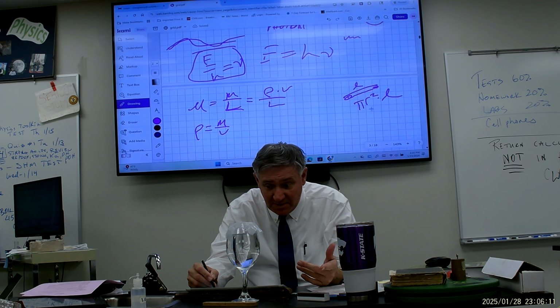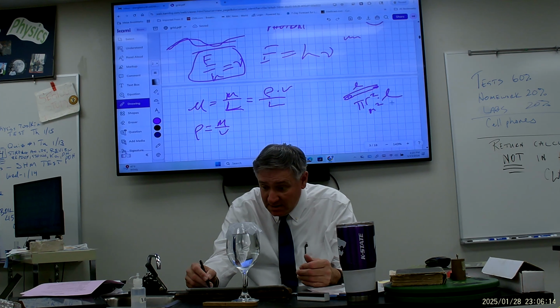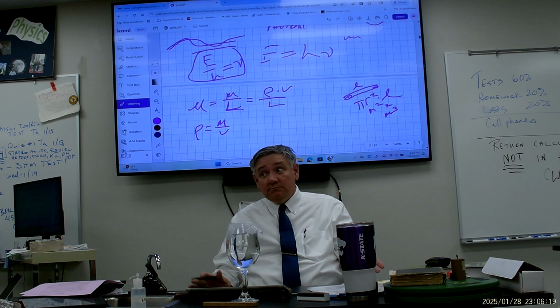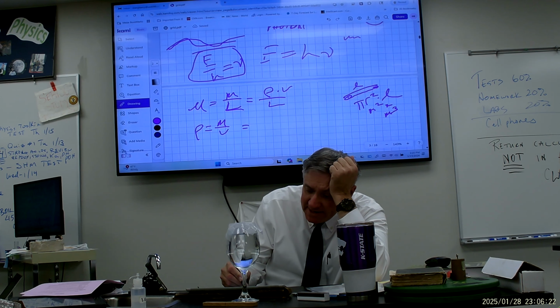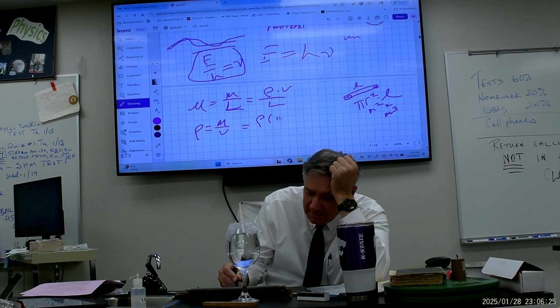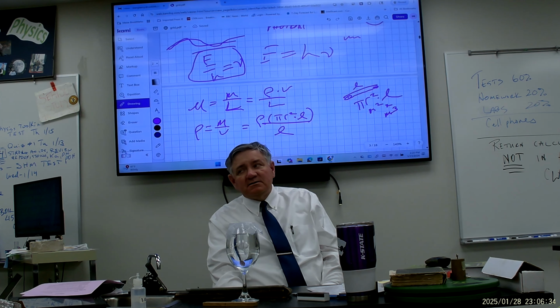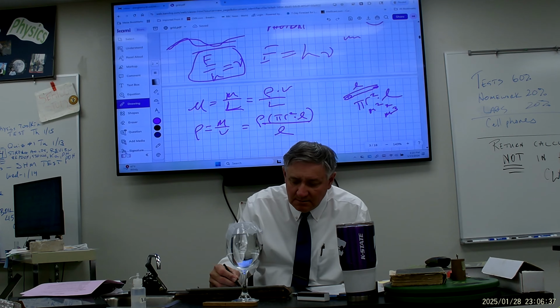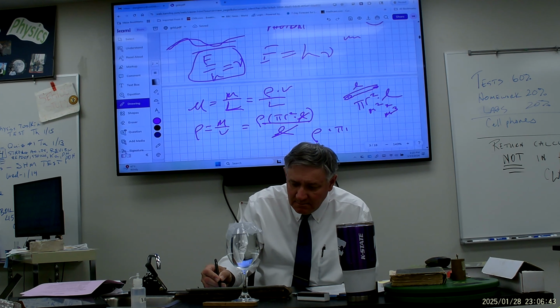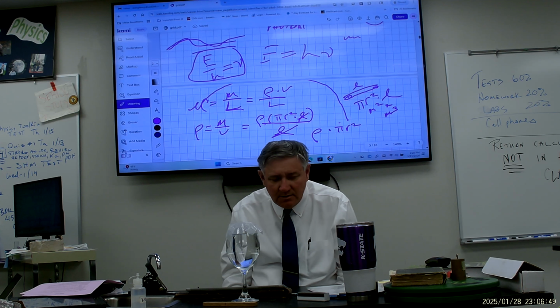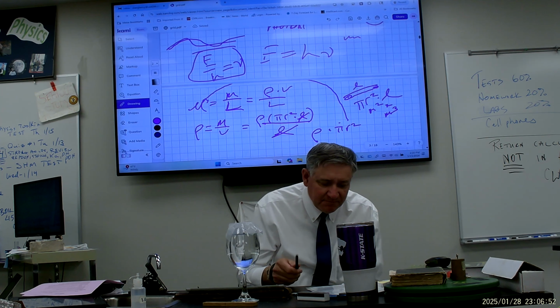Because radius squared is going to be in meters squared, length is going to be in meters, so I get meters cubed, which is volume. Okay? All right? Cool. So I can write this as density times pi r squared L, but then I'm going to divide by L. So you can also express that as density times pi r squared, which could be also your value of mu. So you actually don't have to have the length. Okay.